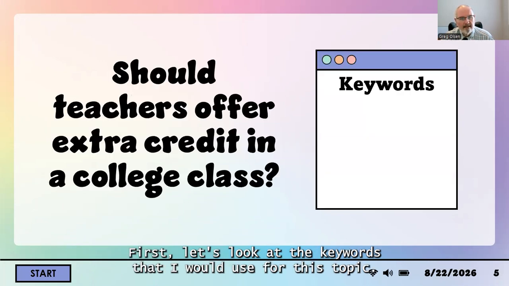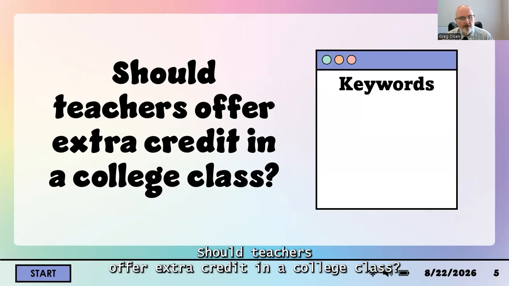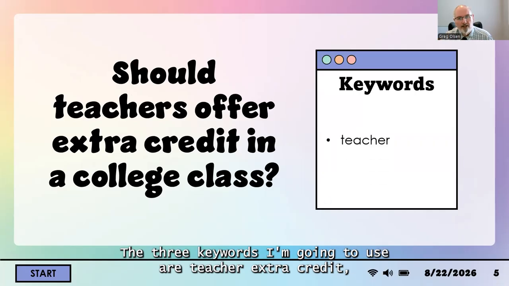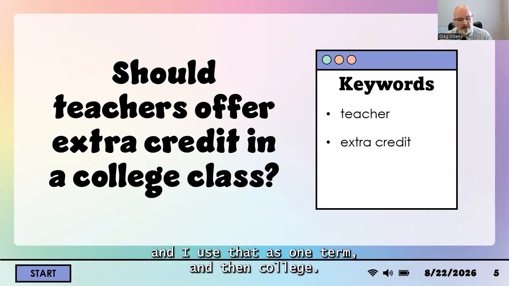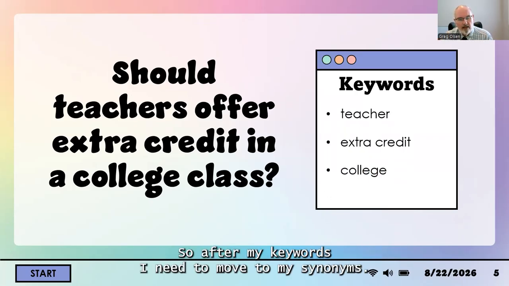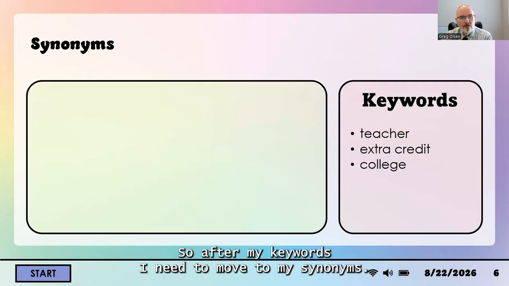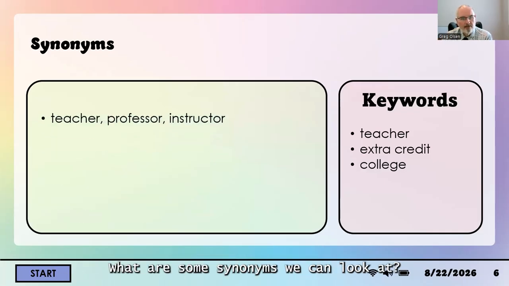Let's look at the keywords that I would use for this topic. Should teachers offer extra credit in a college class? The 3 keywords I'm going to use are teacher, extra credit, and I use that as one term, and then college. So after my keywords, I need to move to my synonyms. So I have the word teacher. What are some synonyms?